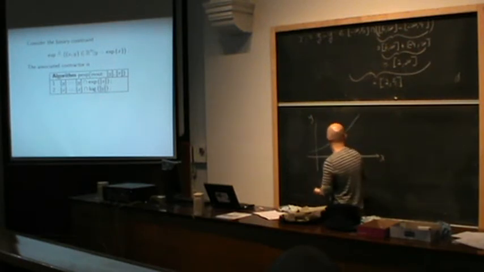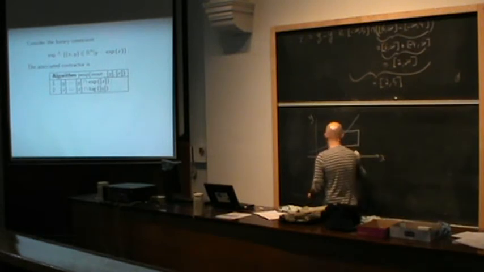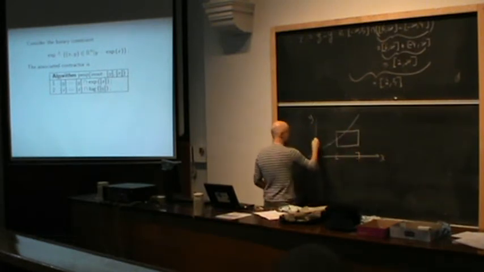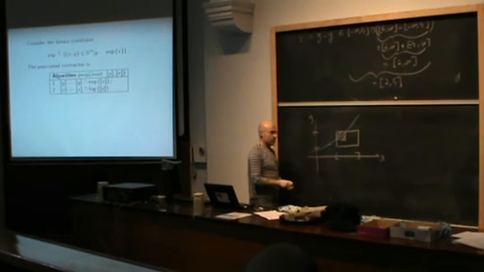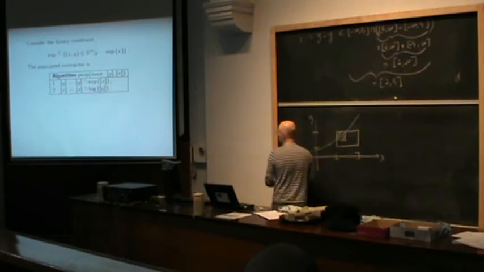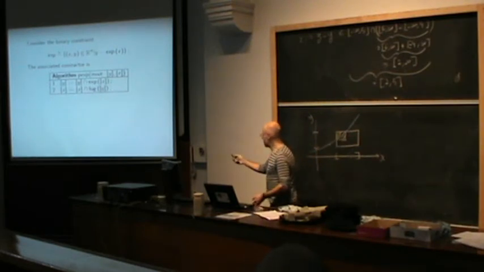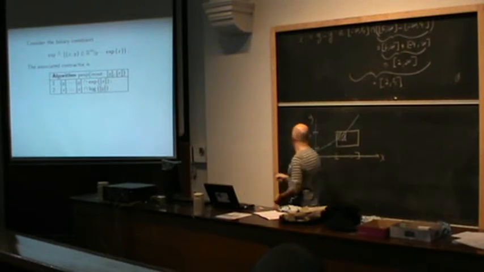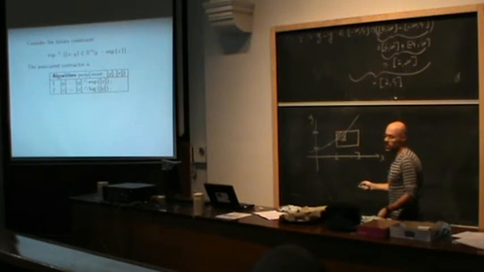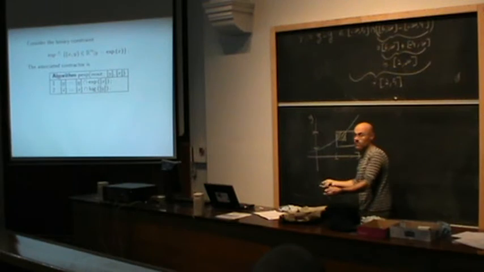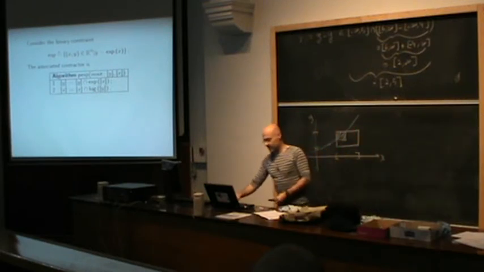I have a domain for X, a domain for Y, and the contractor gives me this. The contractor is given by this algorithm. And I can do this with all primitive equations I have. A primitive equation is an equation that cannot be decomposed.